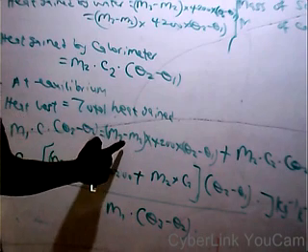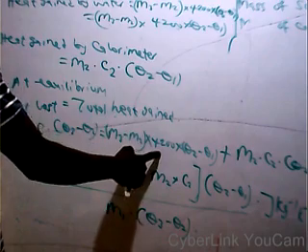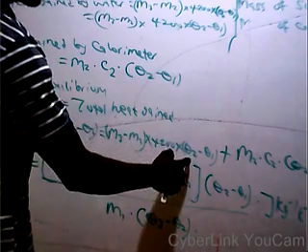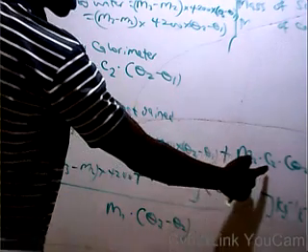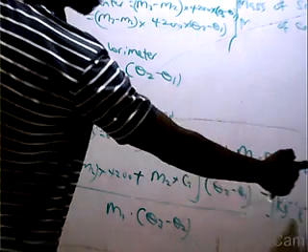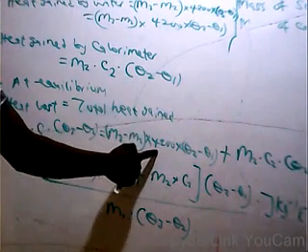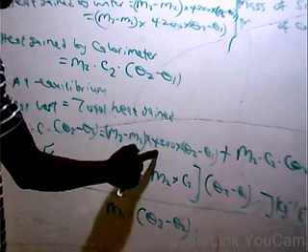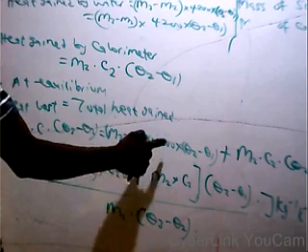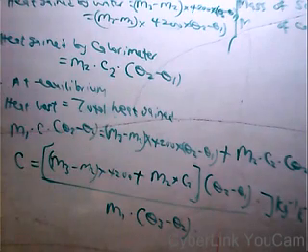Then I will have the mass of water times the specific capacity of water that I don't know times the change in temperature of the water, plus mass of the calorimeter times specific capacity of the calorimeter times change in temperature of the calorimeter. Because the only unknown parameter in this equation is the specific capacity of the liquid, or of the water, you make it the subject of the formula. So that's how you can use that method to determine the specific capacity.